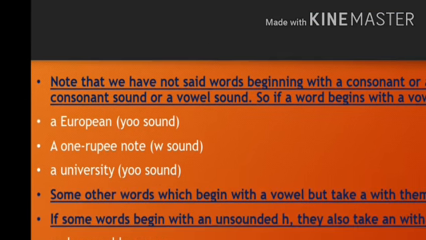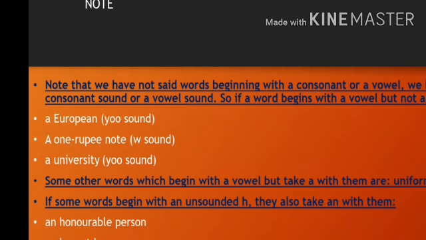So that's why before European we have used a only. Okay, not an, because from the word European a vowel sound is not coming. Okay, it sounds like yo, y double o, European.